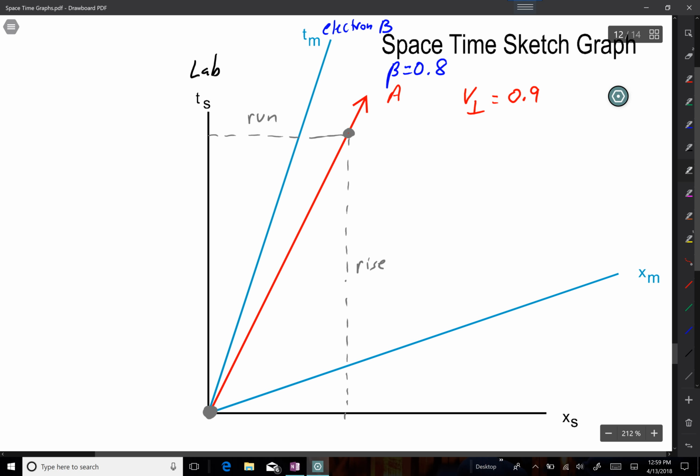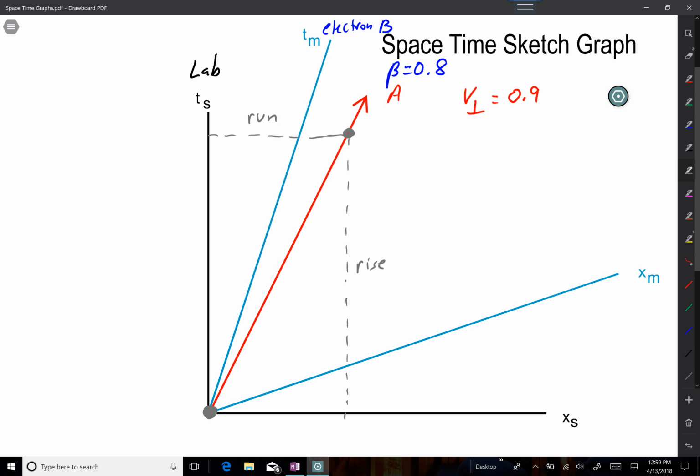This is my run. And notice that the dashed lines I've drawn are parallel to the TS and the XS, because I know something about these numbers in the perpendicular reference frame. So I'm going to draw grid lines that are in the perpendicular reference frame, which means they're parallel to the perpendicular axes.